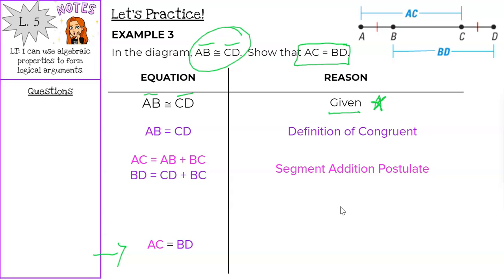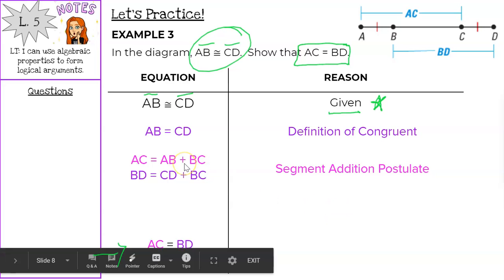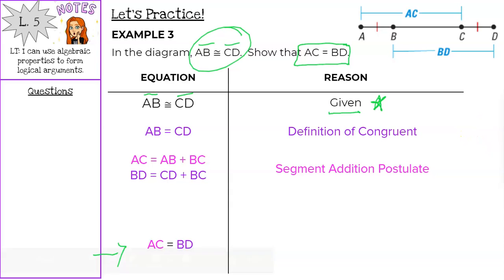Well, we need this equation to equal that equation. We need AC and BD to be equal to the same thing. We want these two pieces to be the same. So then we can say that AC equals BD. Well, how we do that is we can substitute.